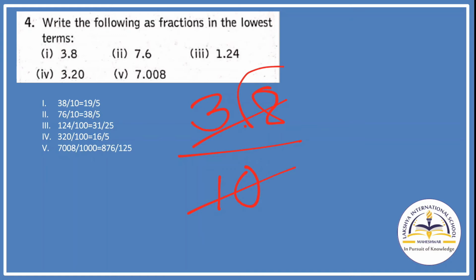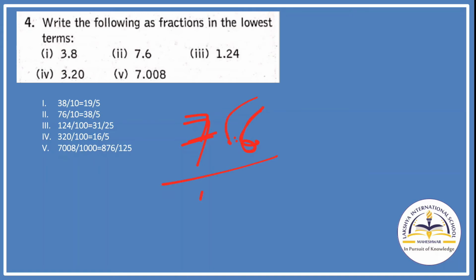So when you cut 10, you will get 5 here, and when you cut 38 with the table of 2, you will get 19. Now we cannot cut them further, so 19 divided by 5, this will be the lowest term. Now 7.6, question number 2, 7.6.